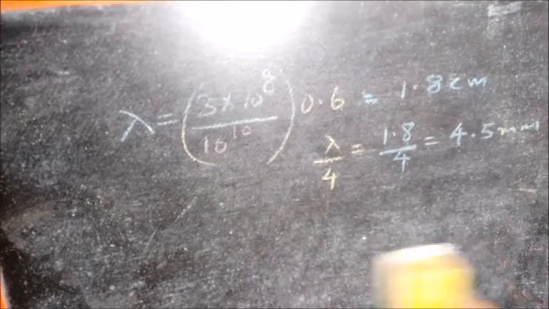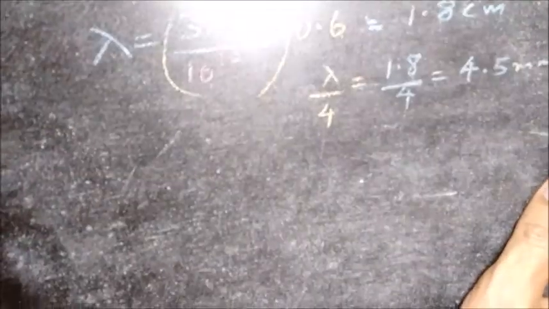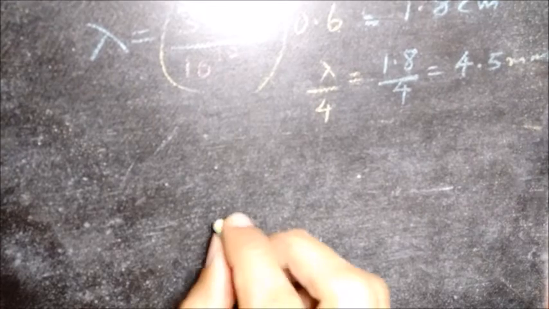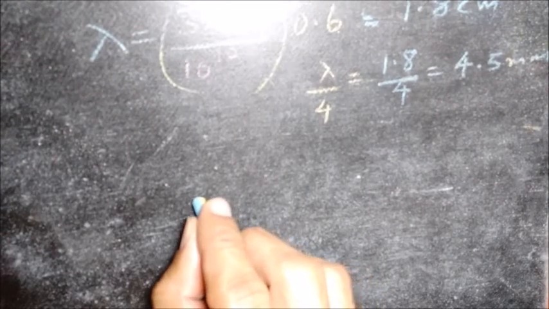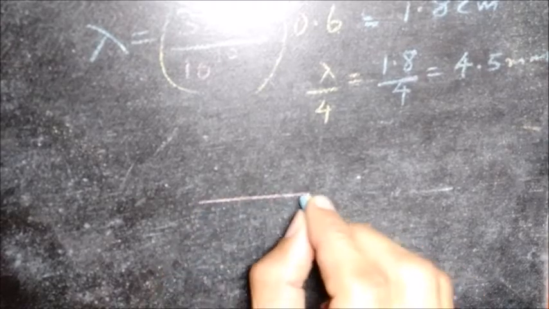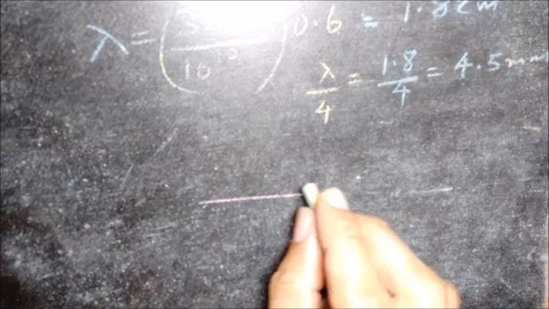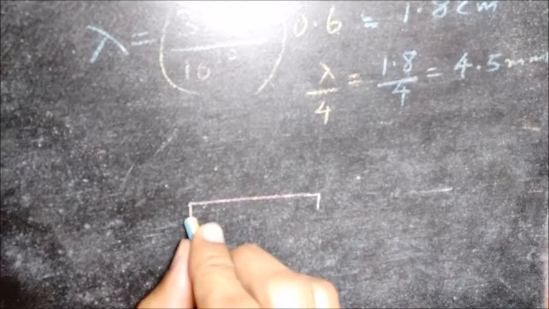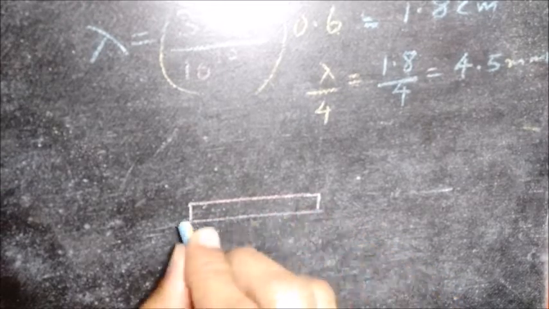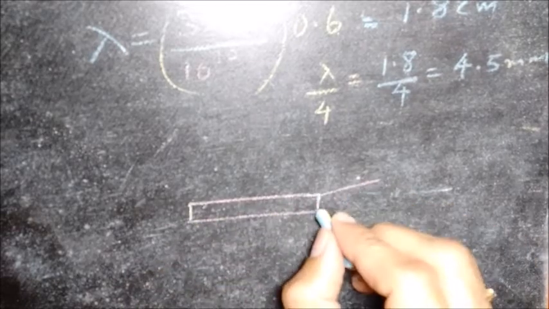Now, a microstrip transmission line will be like this. The fabrication is like this. Immediately after this explanation, I will display a picture which shows its construction. So this is how it is.